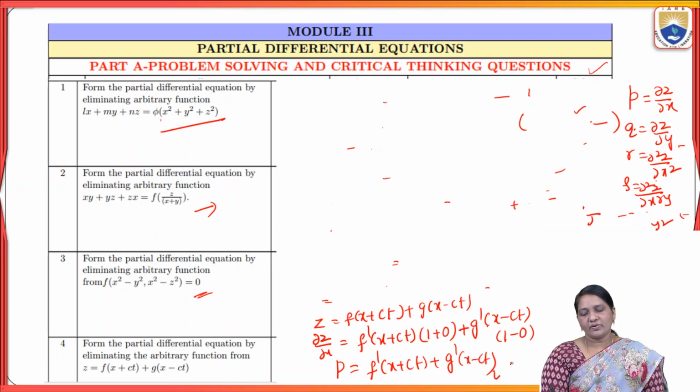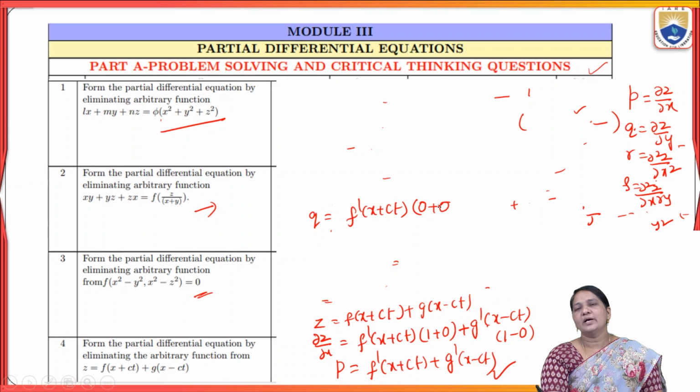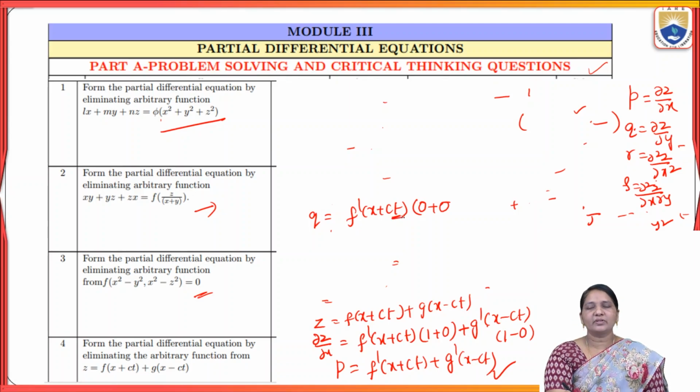In the same way we have to do the partial differentiation with respect to y also. So then we are going to get q equal to f dash of x plus ct, with respect to y we are doing, right? So here the x value is 0, c is constant, t also constant, but here we don't have the y, so we have the t. That means we have to write with respect to t here. So this is dou z by dou t.